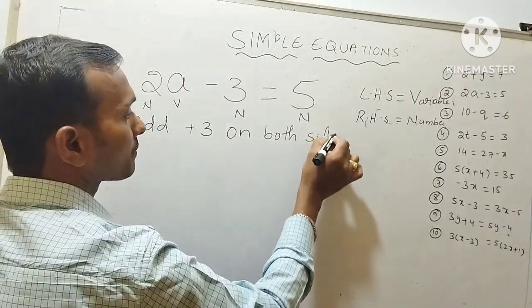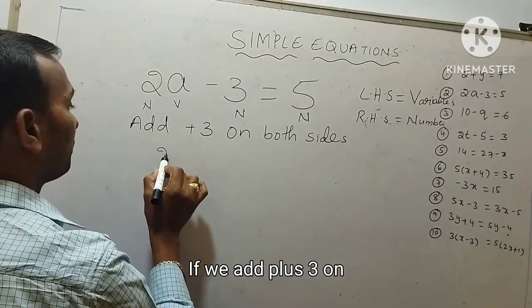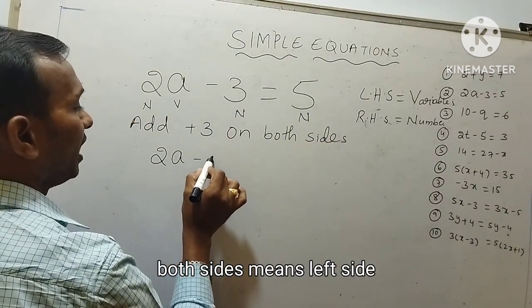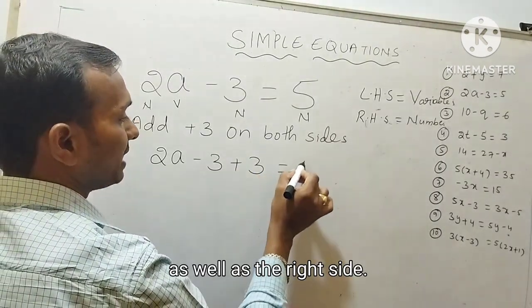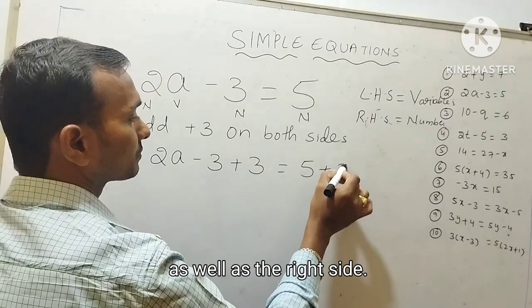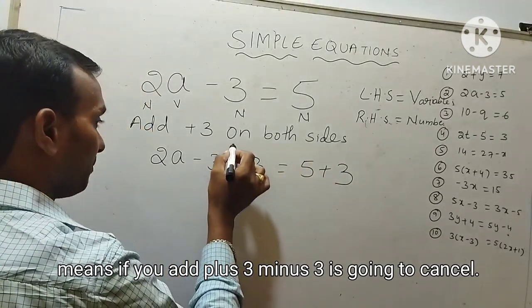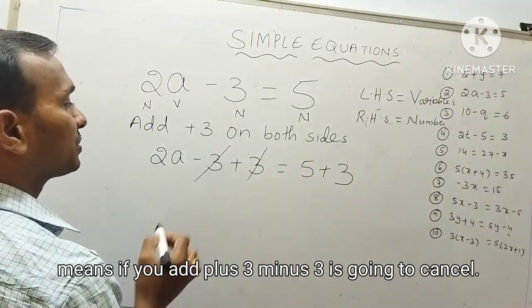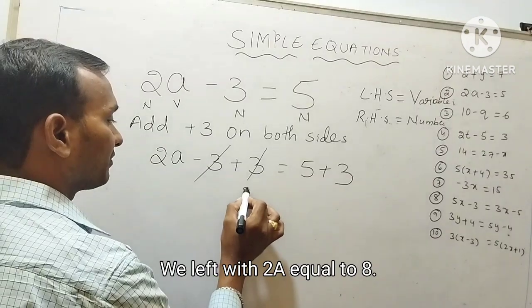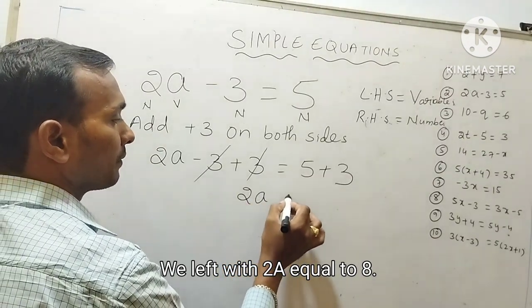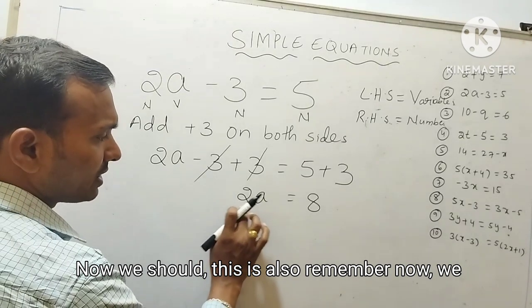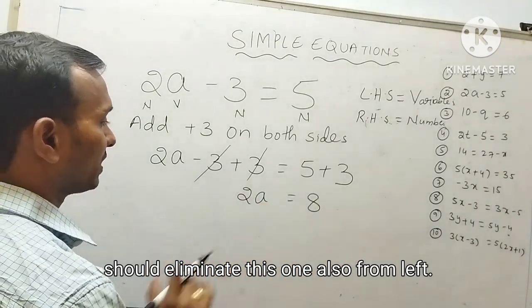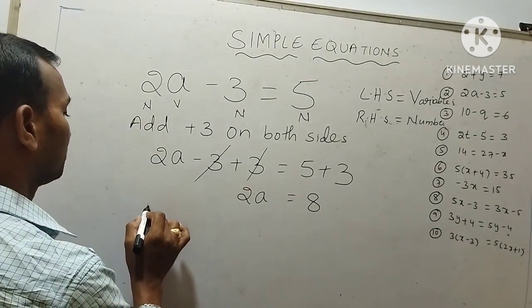If we add plus 3 on both sides, left side as well as the right side, minus 3 is going to cancel. We are left with 2a equal to 8. Now this 2 is also a number. We should eliminate this also from the left.